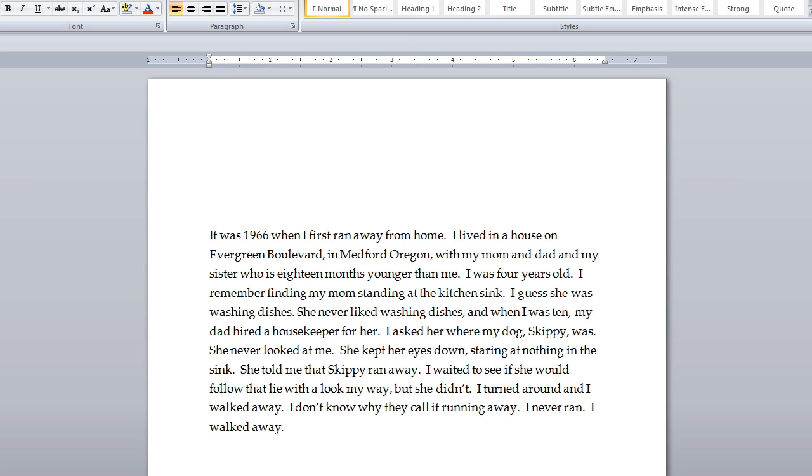I asked her where my dog Skippy was. She never looked at me. She kept her eyes down, staring at nothing in the sink. She told me that Skippy ran away. I waited to see if she would follow that lie with a look my way, but she didn't. I turned around and I walked away. I don't know why they call it running away. I never ran. I walked away.